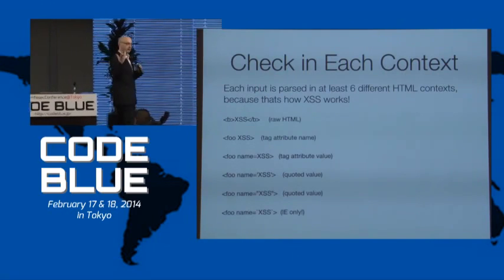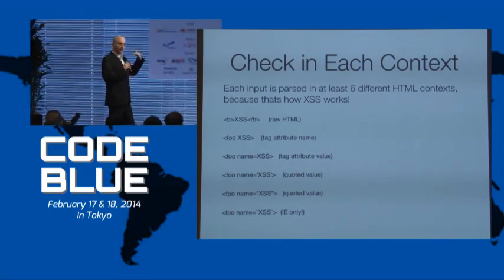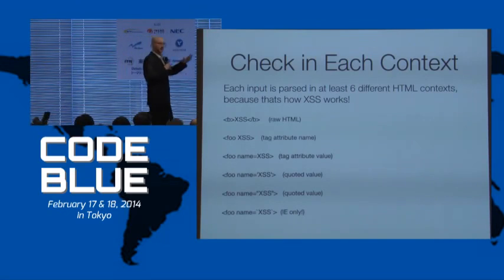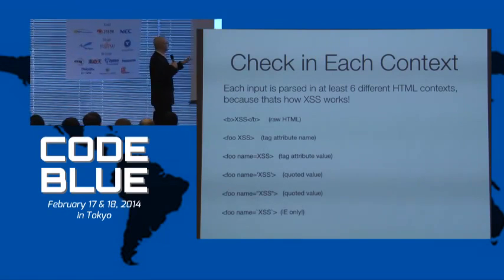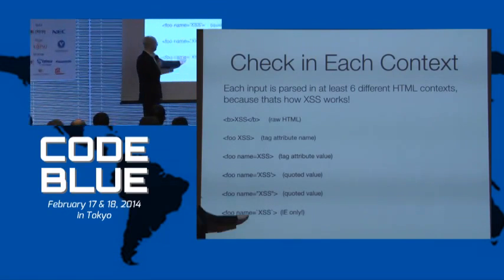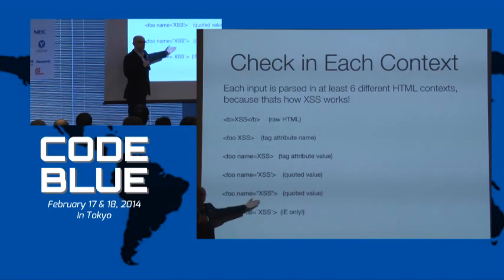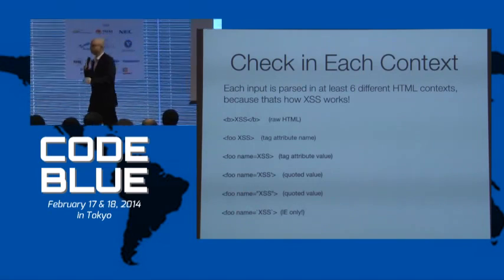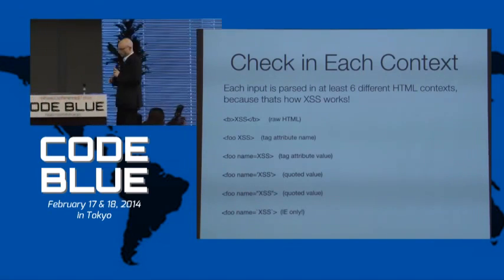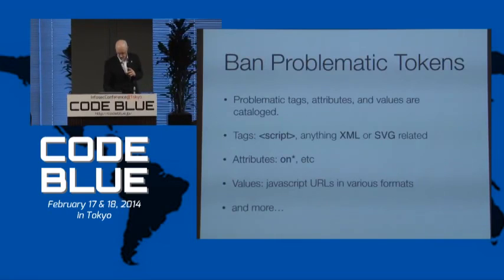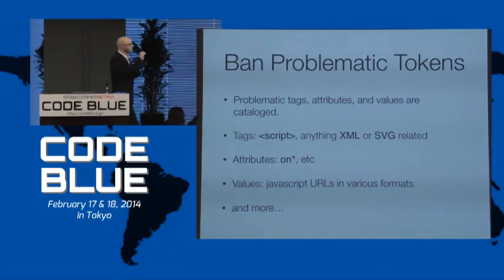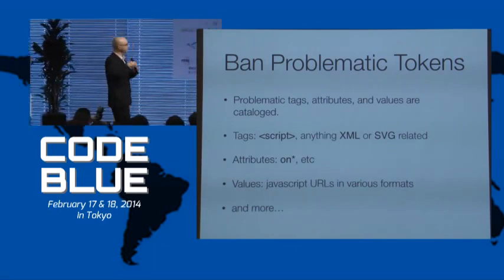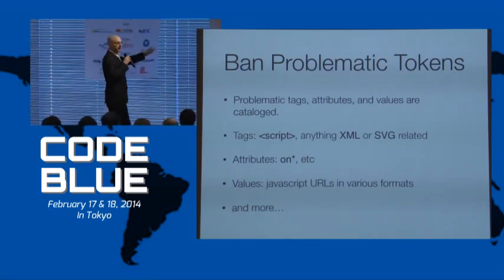So I'm going to take user input and run it through the tokenizer 6 different times, because that's how user input can be injected in HTML pages, right? And then I have this list of tokens.